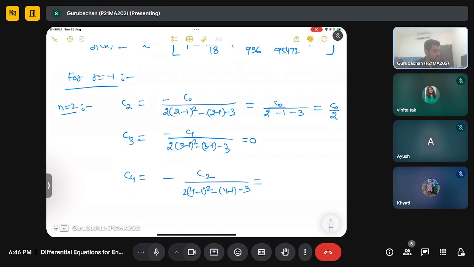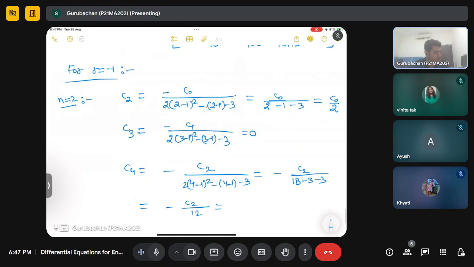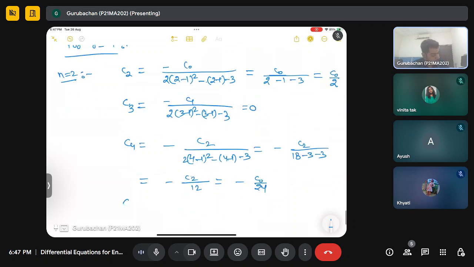This will give you minus C2 divided by 12. So since C2 is C naught by 2, this will be minus C naught by 24. Okay. In the similar way, if you calculate C6, you will get C naught by 1008.